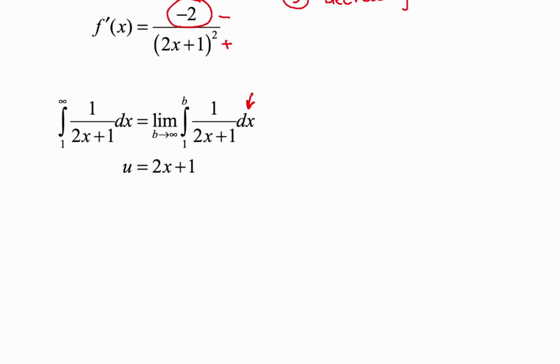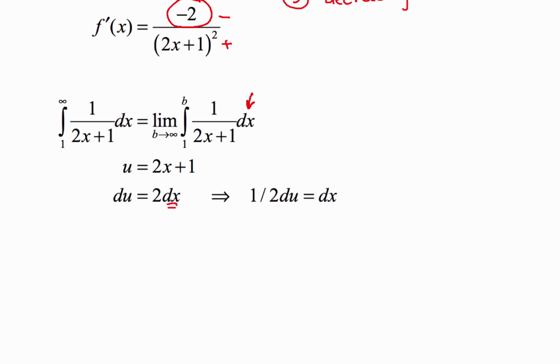Now we're going to have to use a u sub here. So u, of course, is going to be our denominator, 2x plus 1, which means du is simply 2 dx. Now again, with your math writing, because I've noticed this a lot of times, students will just drop that dx. Make sure you keep that in there because you need it. Now solving for dx, of course, you get 1/2 du is dx.